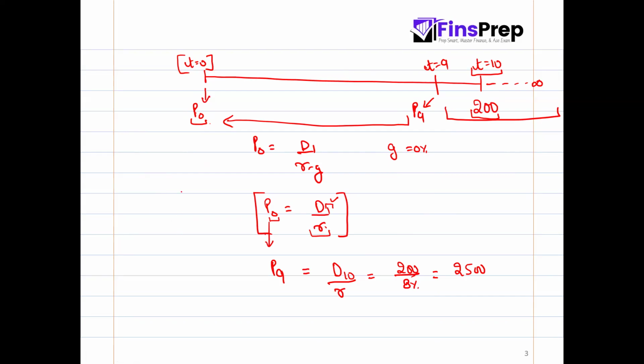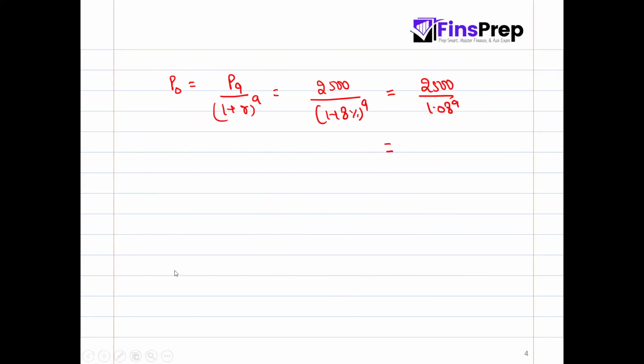So what will be the value here? P0 would be equal to P9 upon 1 plus R raised to the power 9. So this will become 2500 upon 1 plus 8% raised to the power 9.